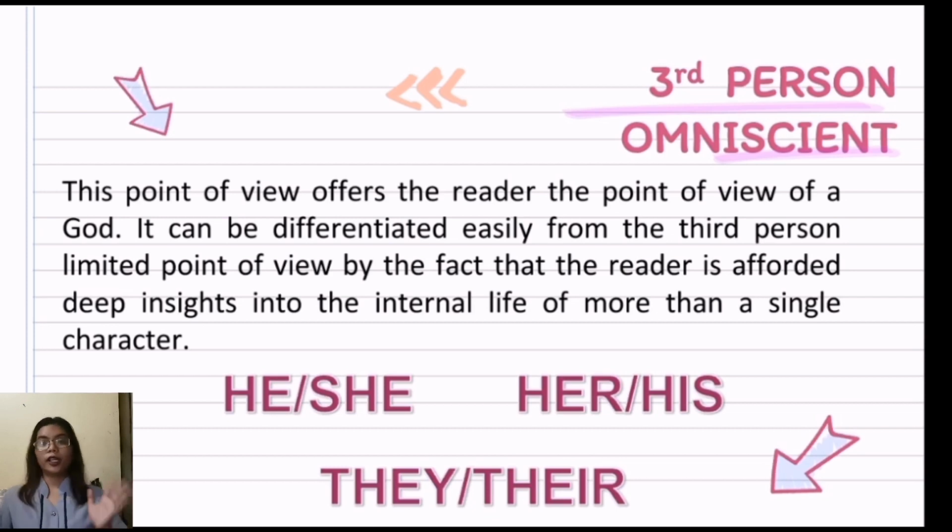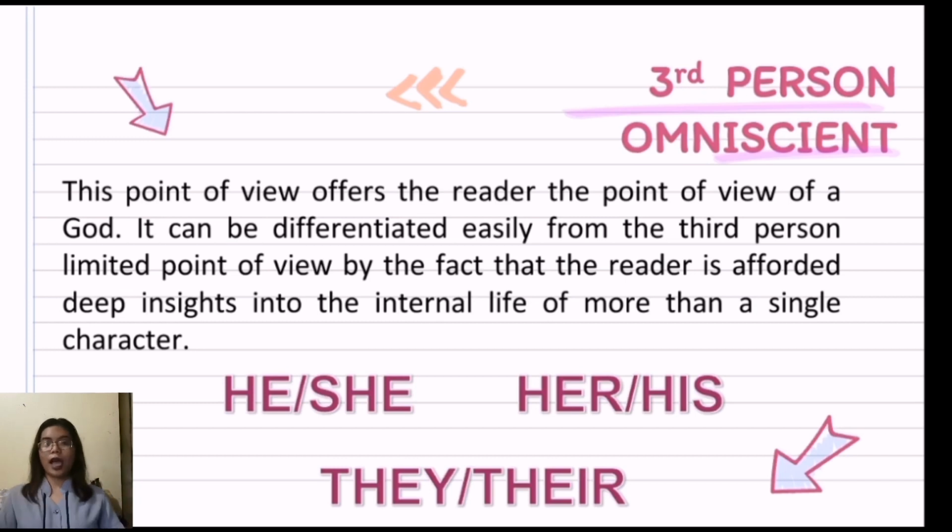So earlier in the third person limited, we only have one character, and we can tell what he or she is feeling or thinking. Here we have multiple characters, to know what their insights and feelings are. So again, the pronouns here are he or she, her or his, and they or their.